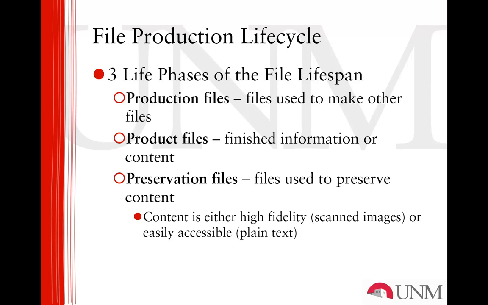Essentially, we produce files, and files are in an unfinished form, depending on the type of content we're producing. Then we create a finished form that we want to distribute to people who want to use the files. And then once that content ages out, we want to preserve the files for various reasons, posterity, or simply to maybe reuse the content at a later time.